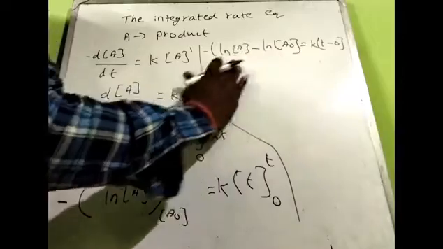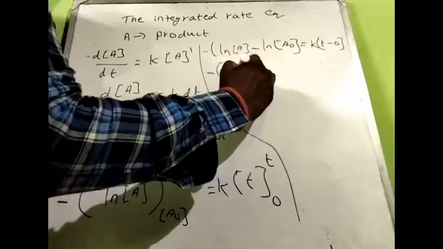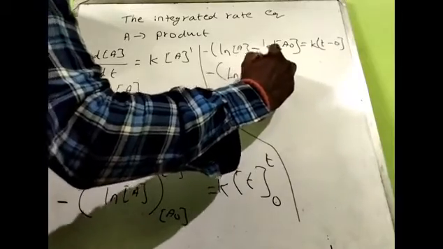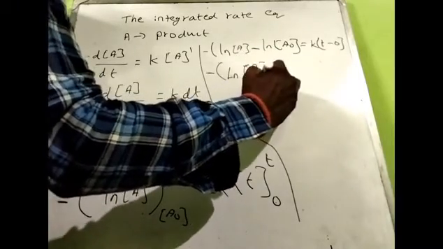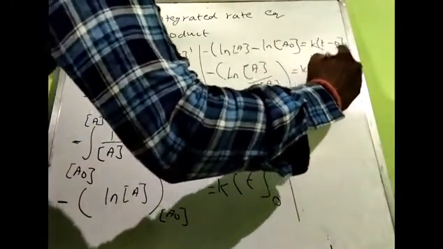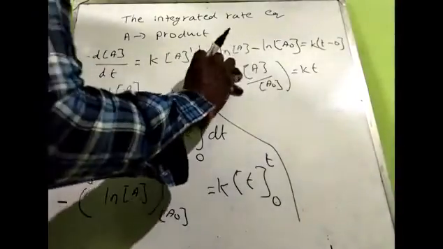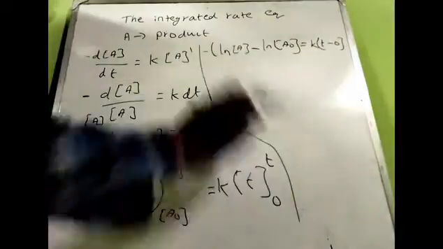Then by, we can write as a general, taking log common: log a by a naught equals kd. Still we have the minus. If you multiply the minus inside, that is fine. Better to multiply the minus inside.